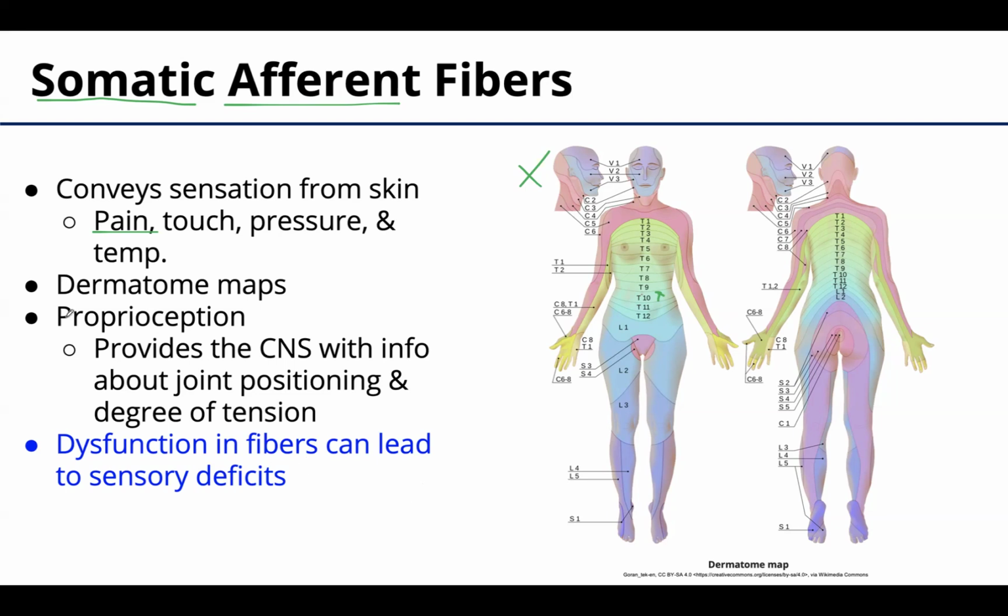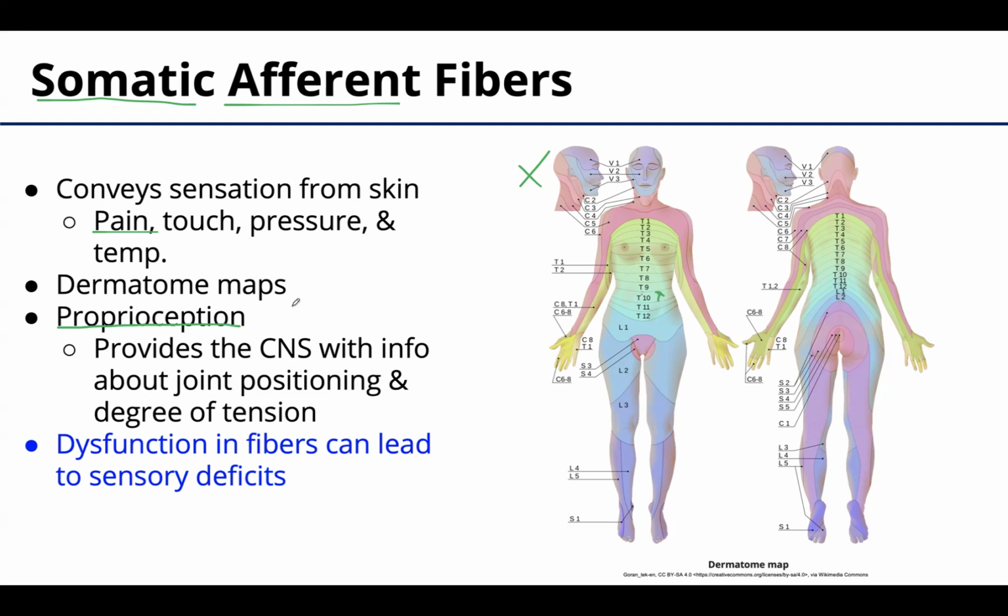These fibers also carry or convey information about proprioception, and this may be a new concept to you. Proprioceptive fibers provide the central nervous system information about joint positioning and the degree of tension in muscles, which allows for orientation of the body and the limbs in space.